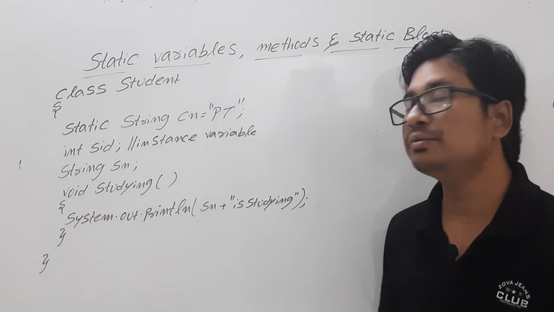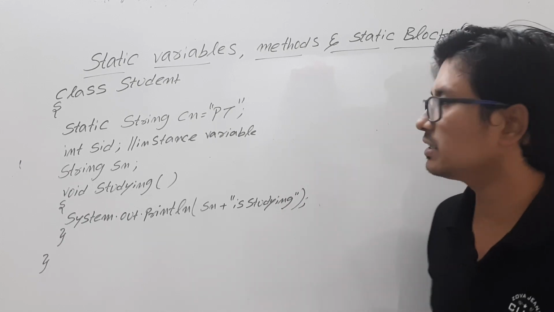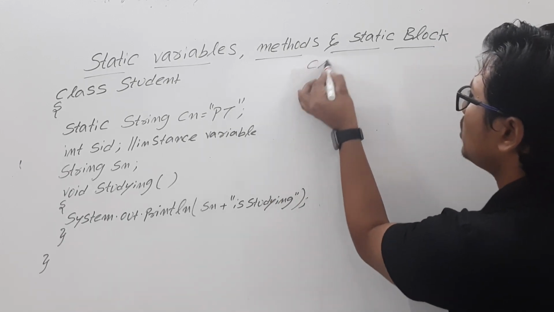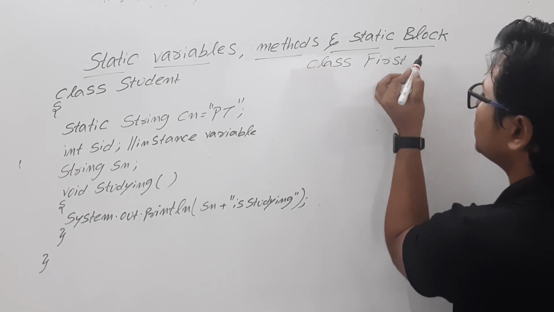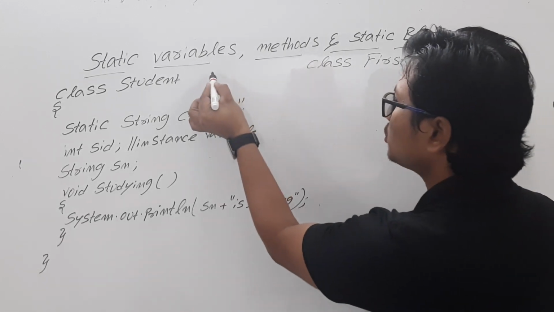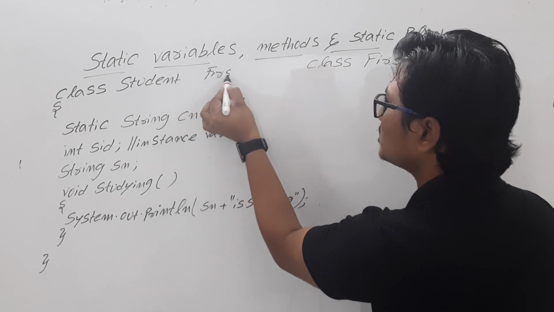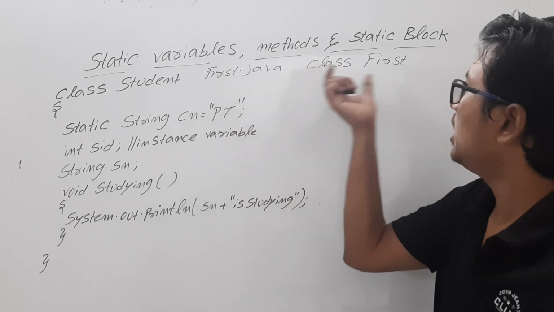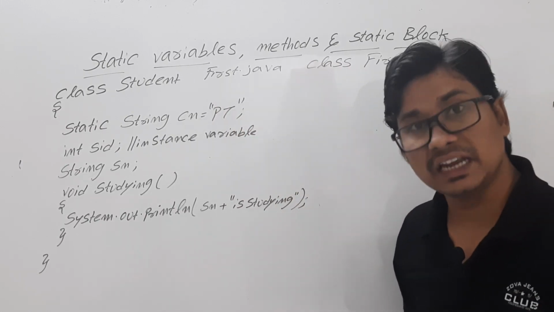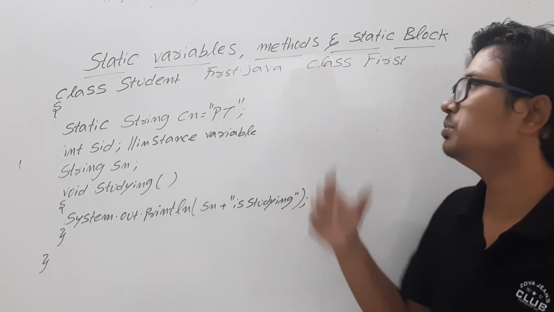Now I will have to write the main class or the driver class. So what I will do, I will write class First, simple. Then this program should be saved as First.java. Okay, because the file name and the class name of the main class or the driver class should be the same.